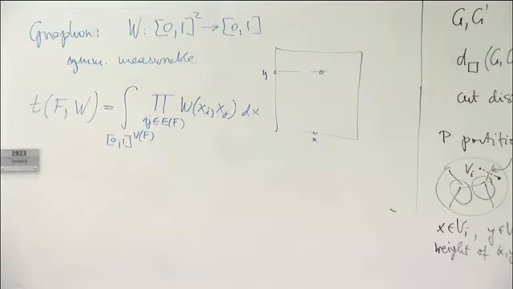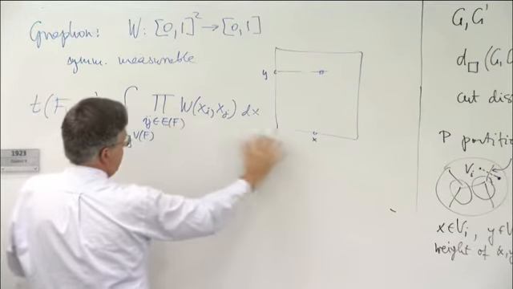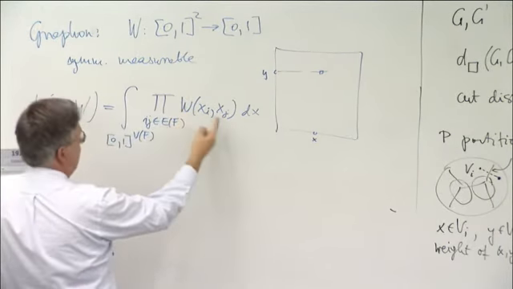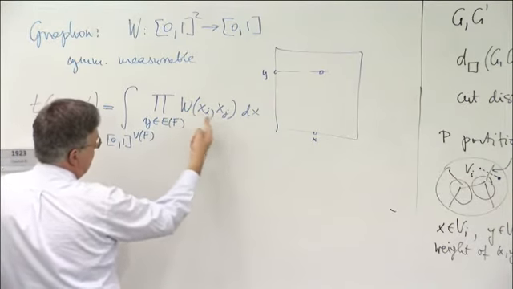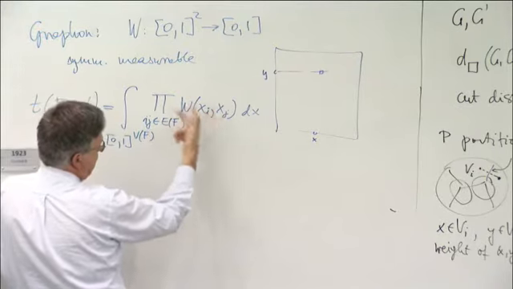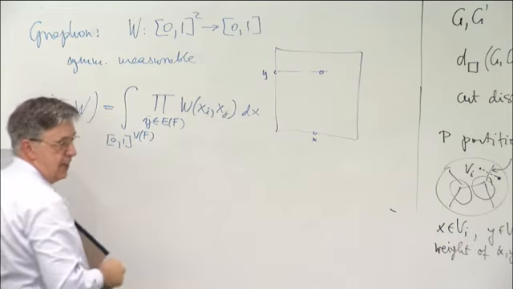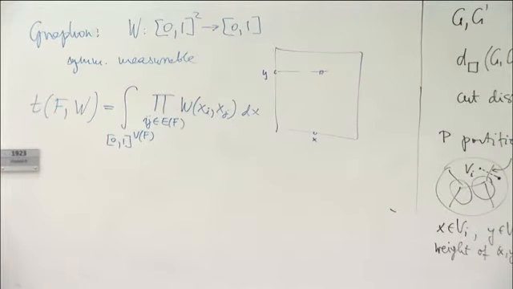So in other words, you choose in all possible ways endpoints, and if you think about it as the adjacency matrix, then this is 1 or 0. It is 0 if they are not adjacent, so this is non-zero only if every edge is mapped onto an edge. And that's exactly that probability.